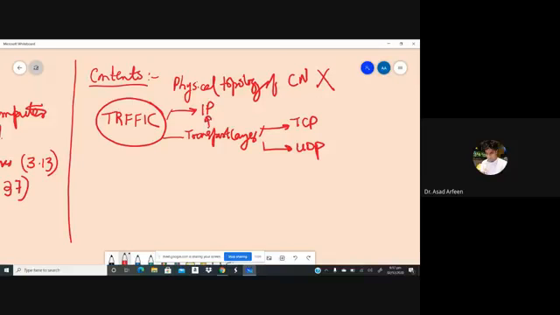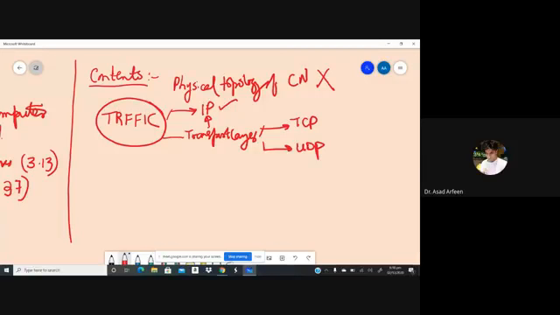So understanding the traffic properties is the main thing. We are not going to study any protocol here. We are not going to study the header of TCP, or how TCP works, or the protocol mechanism behind TCP. We are not going to study the protocol header of UDP, neither the protocol header of IP. But the way that traffic behaves, that's more important.